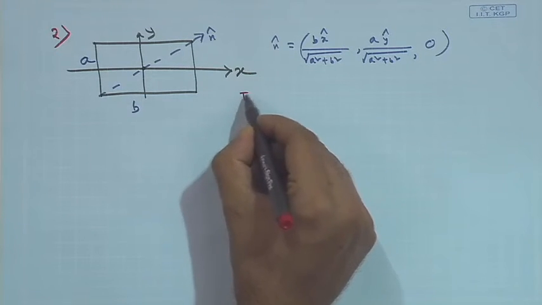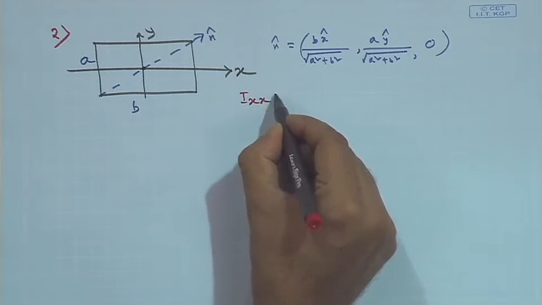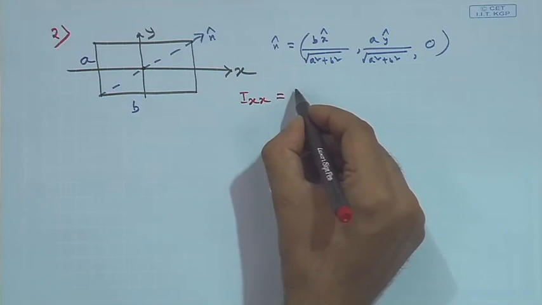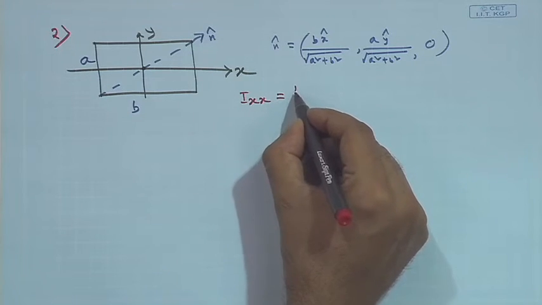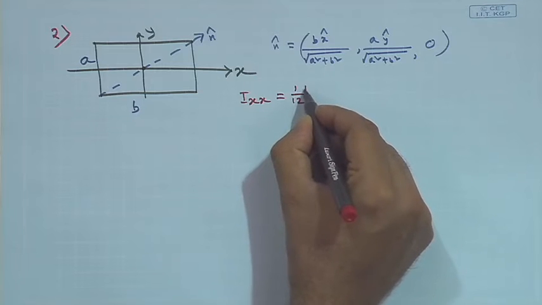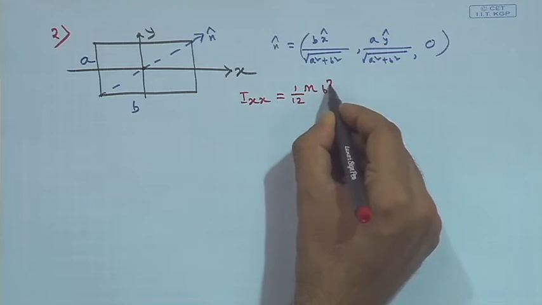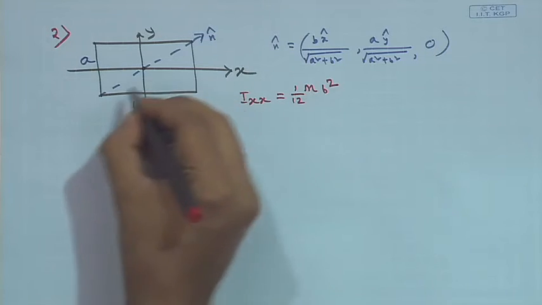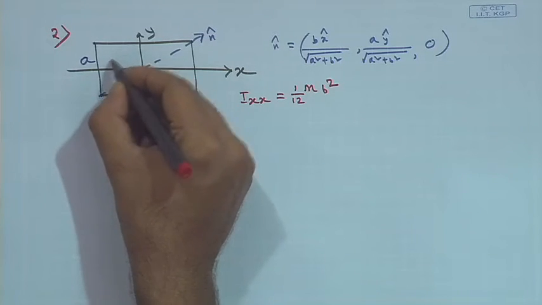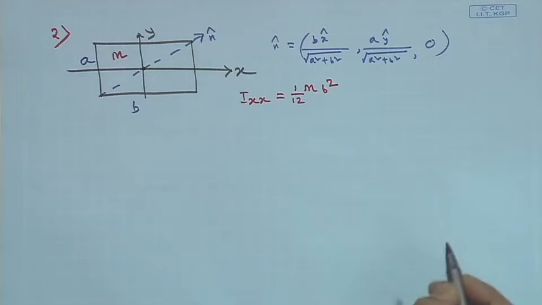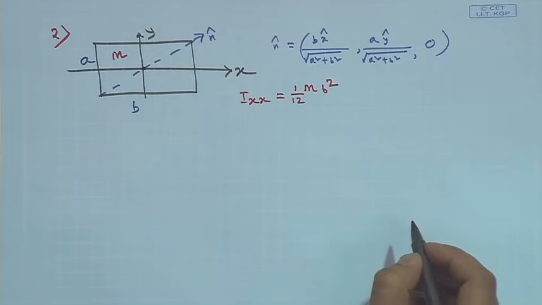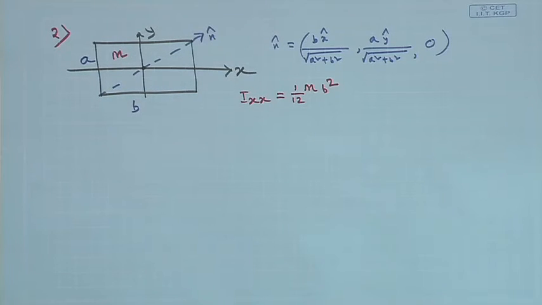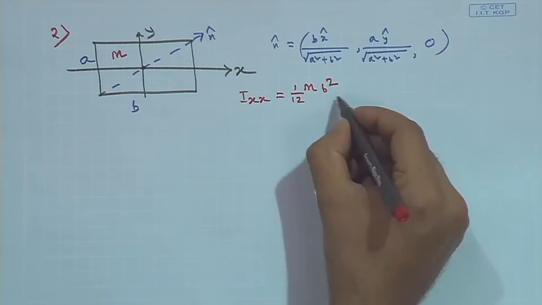And I can tell you that Ixx, which will be one of the principal moments of inertia, is 1 by 12 m b square, m being the mass of this lamina.